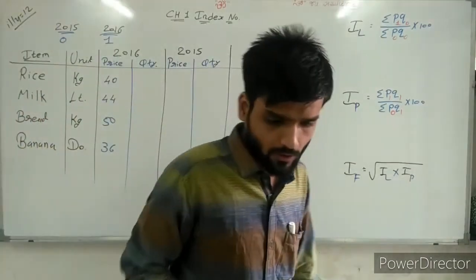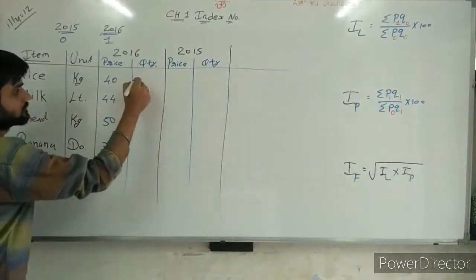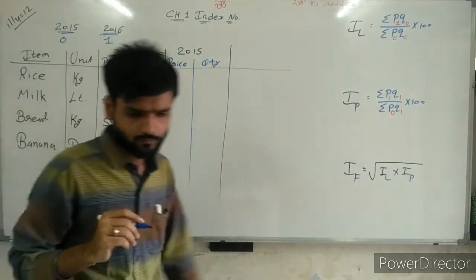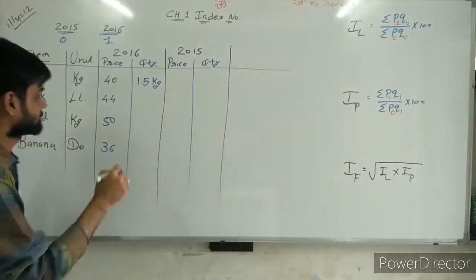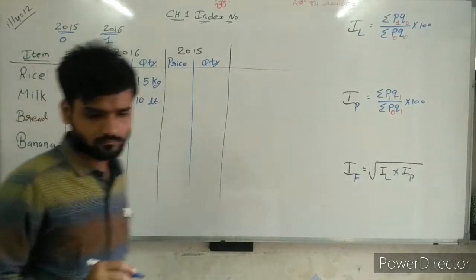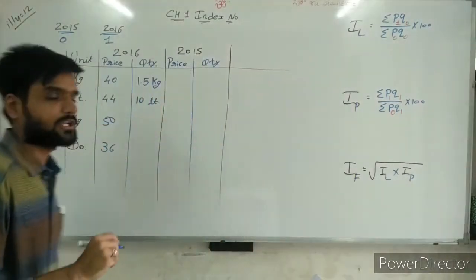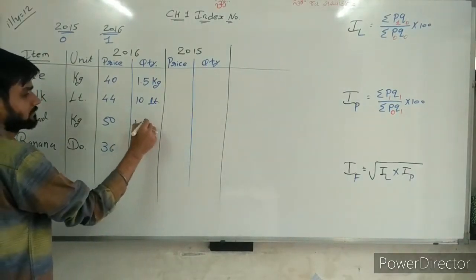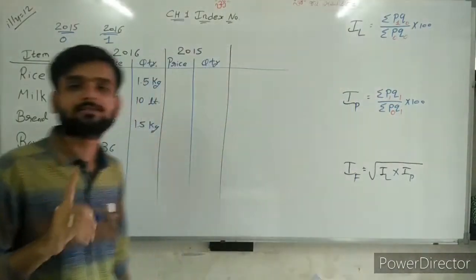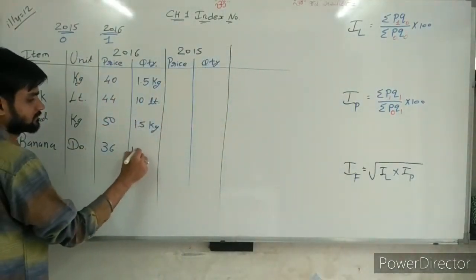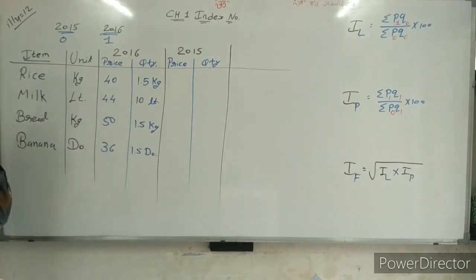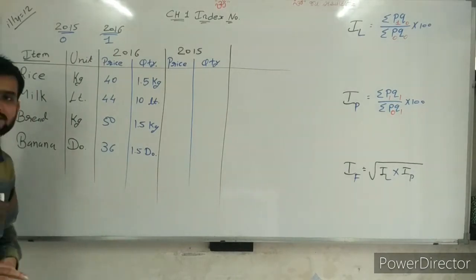Quantity: 1.5 kg, 10 liter, 1.5 kg again, 1.5 dozen. So this is the information regarding 2016.